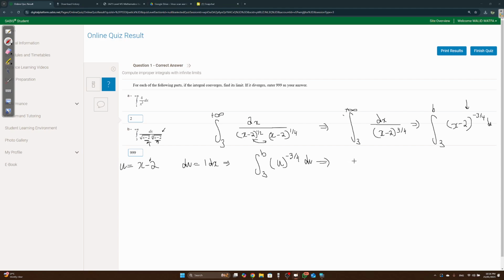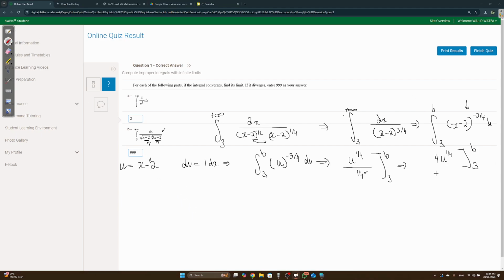So then you're going to integrate this and get u to the power of 1 over 4, over 1 over 4, from 3 until b. Start substituting, take this 1 over 4, you divide by 1 over 4, so 4 goes up, 1 stays down. I'm just doing simple simplification, you can do this all on your calculator. 4 u to the power of 1 over 4 from 3 until b. Fine.